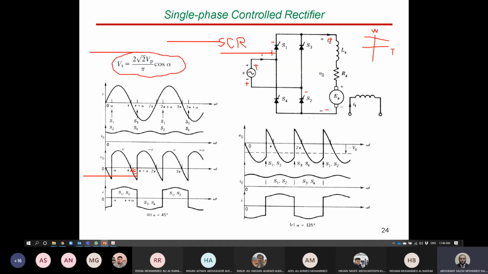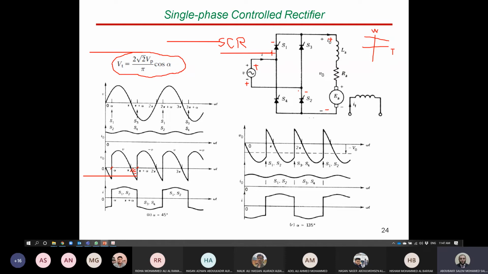This is the average value. Of course, you know how to calculate the average value for a waveform. Just integrate the waveform from alpha to pi plus alpha. For the sinusoidal waveform, you will get this relation. Now, Vt, the output voltage on the motor, we can also call V out.